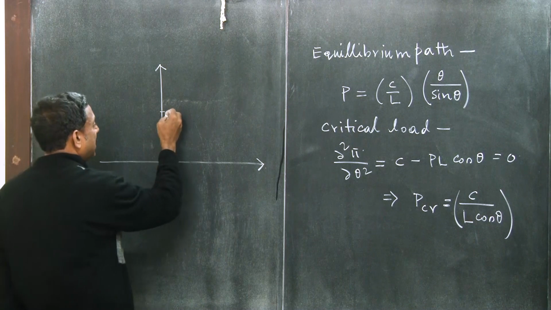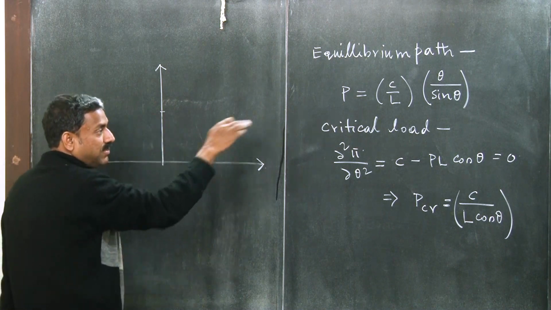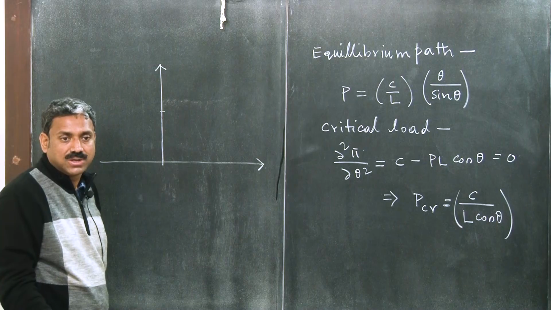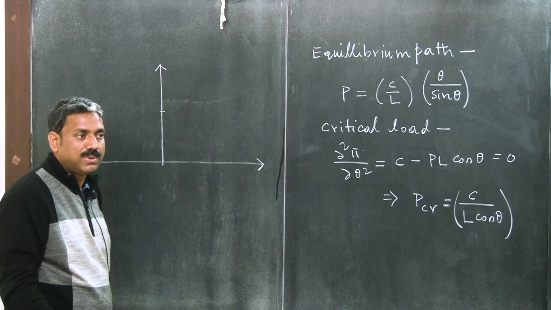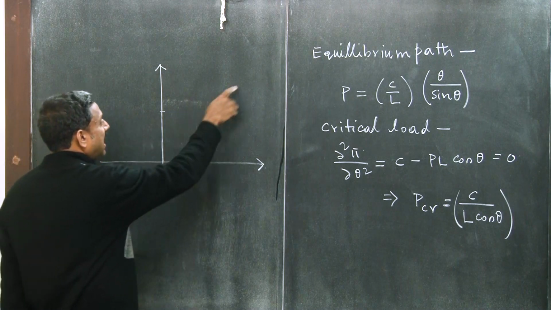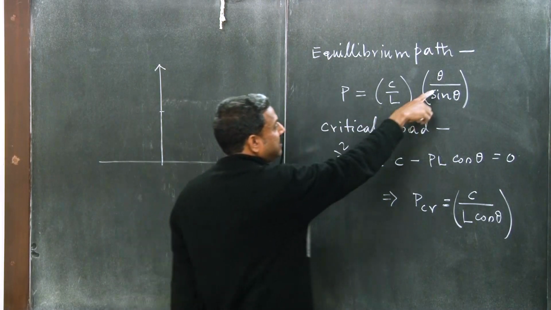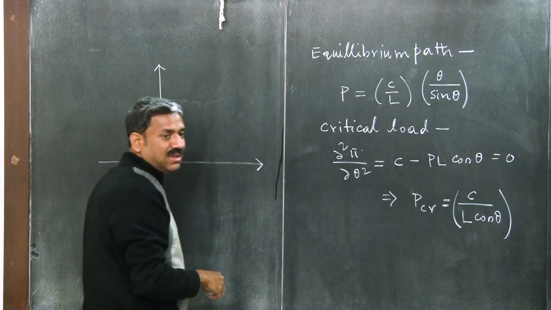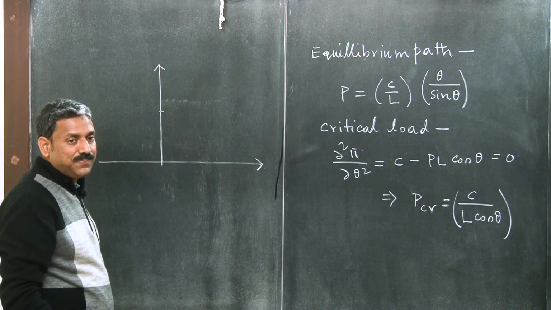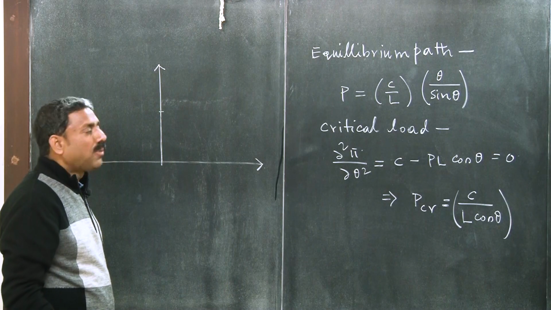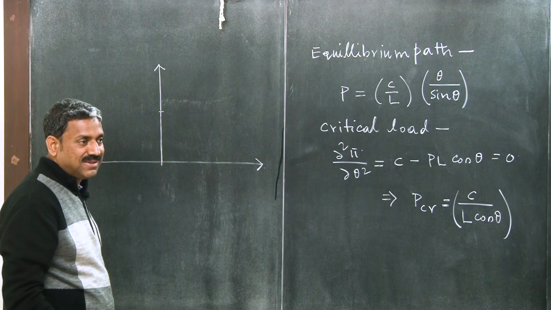This is the stable part, but after that it has to bifurcate, right? Because then theta equal to 0 is not a stable path, not an equilibrium path even. So, it has to have some deflection, and that equilibrium path is given by C by L theta by sin theta. How will it look? Of course, this is a curve, right?